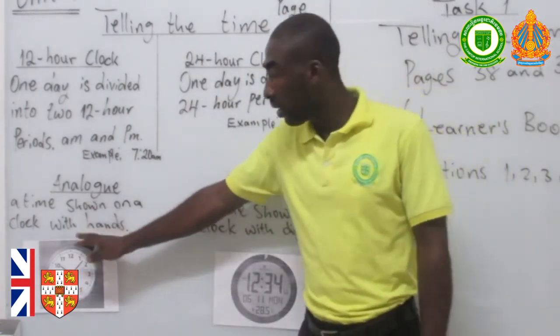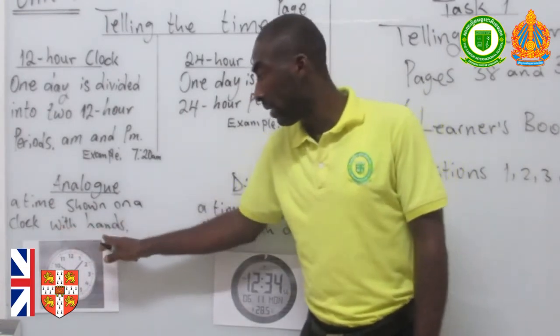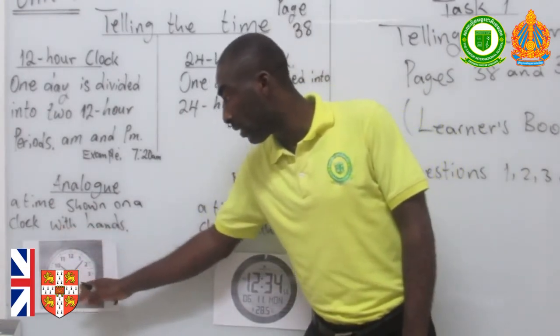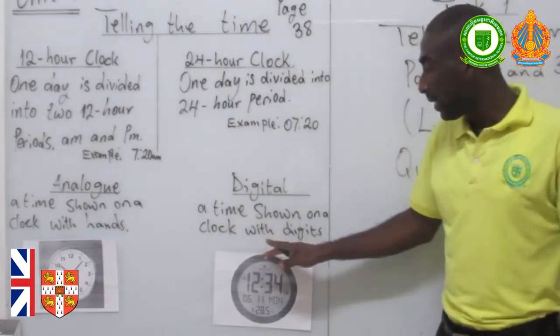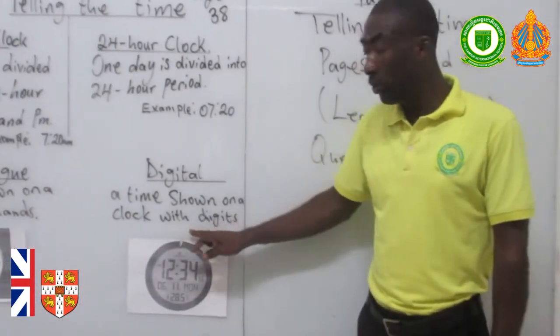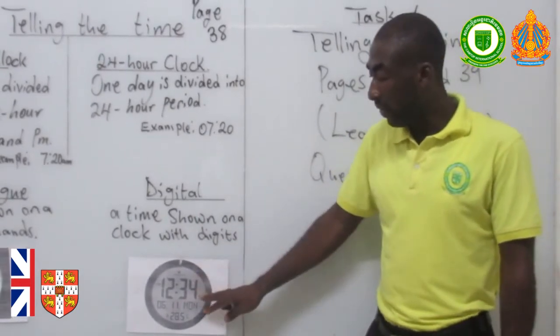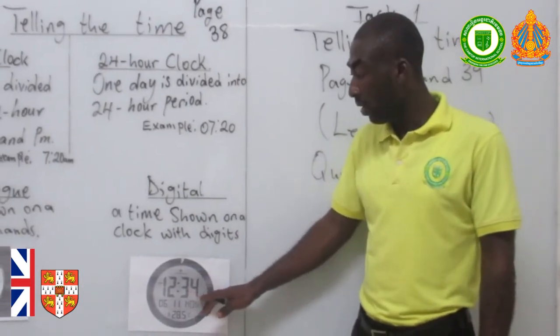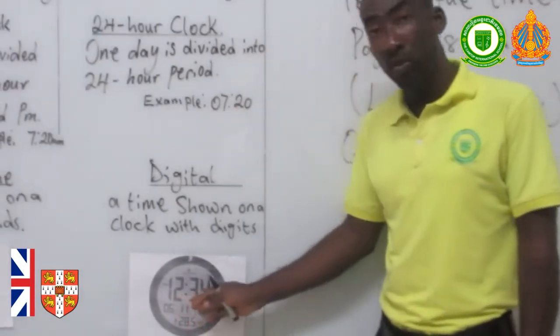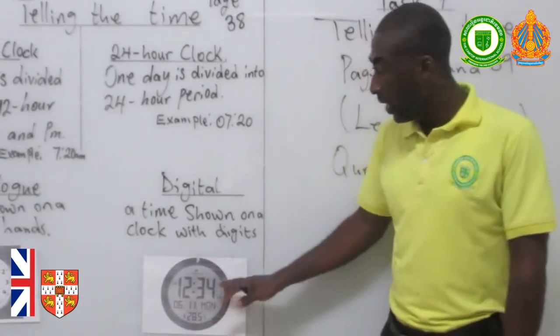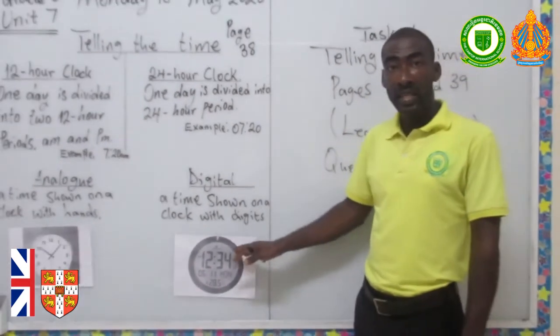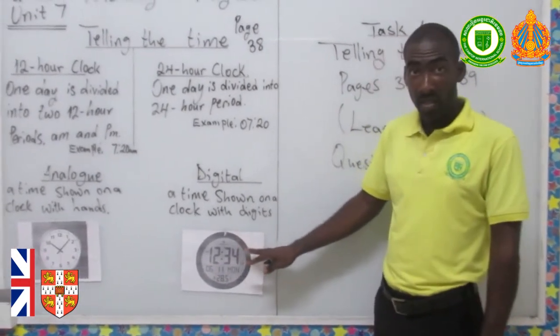So this is a clock that shows with hands, which means it uses these hands to tell you what time it is. With a digital clock, it shows you digits. So whenever you have a watch or a clock that is showing digits like 1, 2, 3, 4, and all these numbers that you see here, it means that you are using a digital clock.